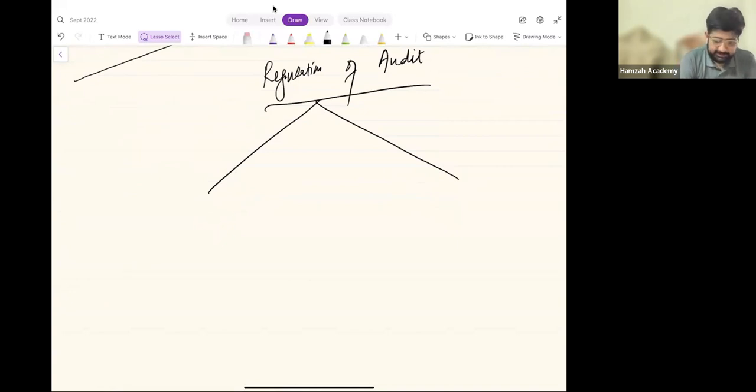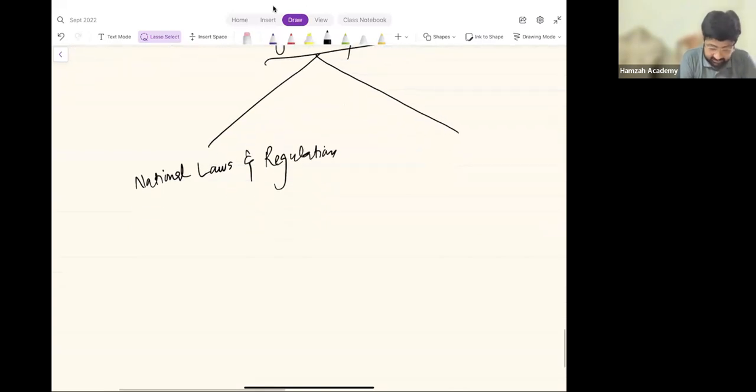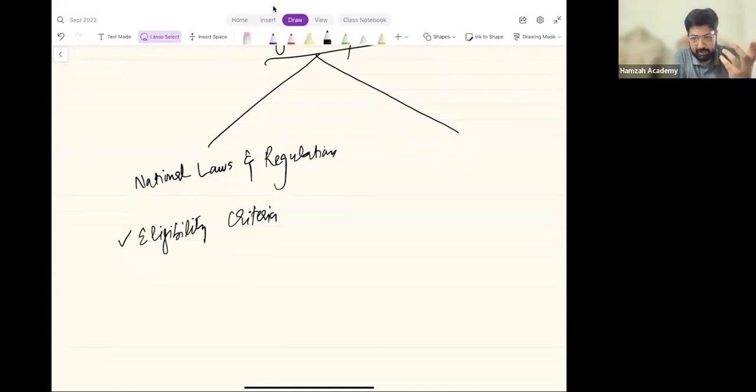One is national laws and regulations. They regulate auditing in the country in which the auditors are working. For example, there are eligibility criteria defining who can act as an auditor and who cannot. National laws and regulations define the training requirement, the ethical requirement, and the education requirement. Otherwise, you cannot act as an auditor.